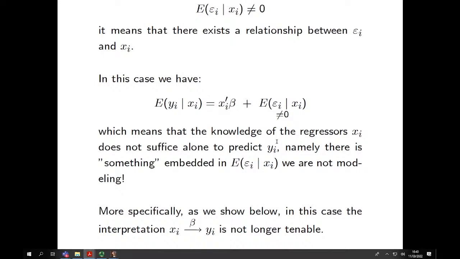I need to model both prices and quantities in order to make predictions on the quantities. I cannot assume that I can predict the quantity just focusing on the demand equation. I also need to know something about the supply equation. That is the message.